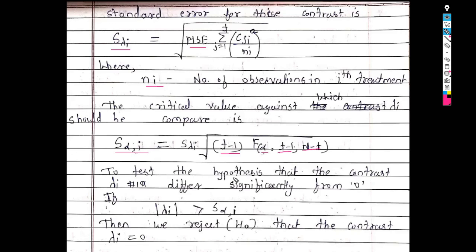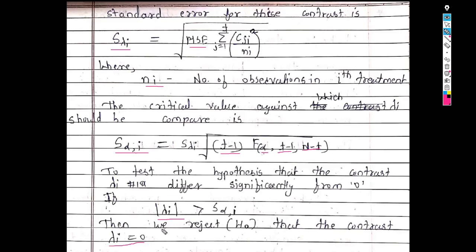To test the hypothesis that the contrast λi differs significantly from 0, we reject if the modulus of λi is greater than S_α,i. So our null hypothesis is λi equals 0 versus the alternative λi not equal to 0.